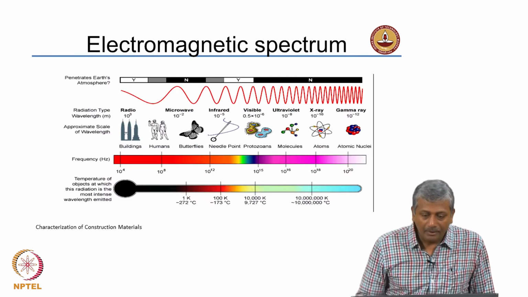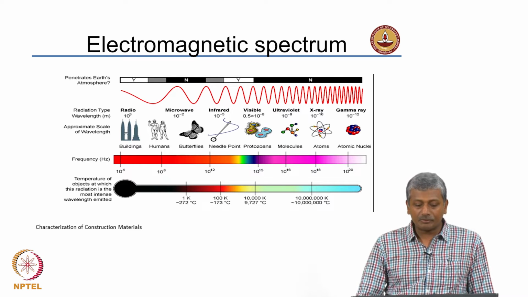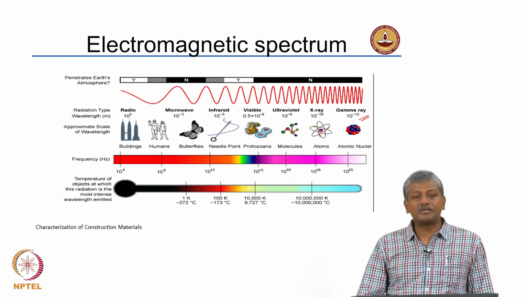Okay. Just to give you again a glimpse of what the electromagnetic spectrum has, of course, you know very well that at the smallest end of wavelength, what does it mean in terms of energy?